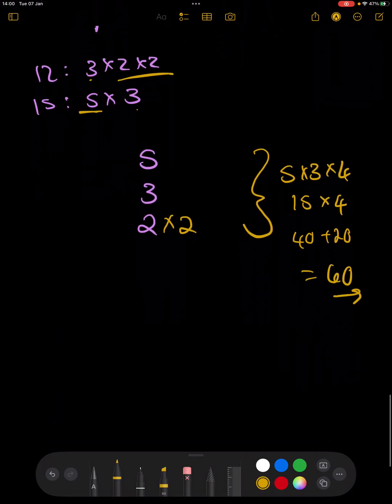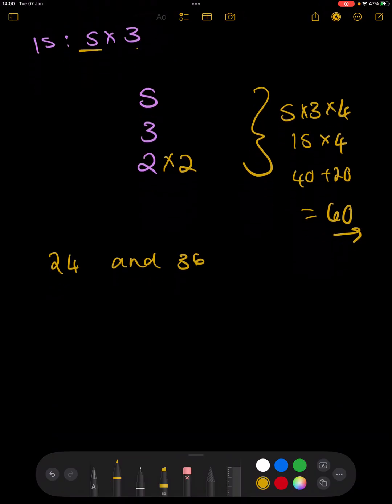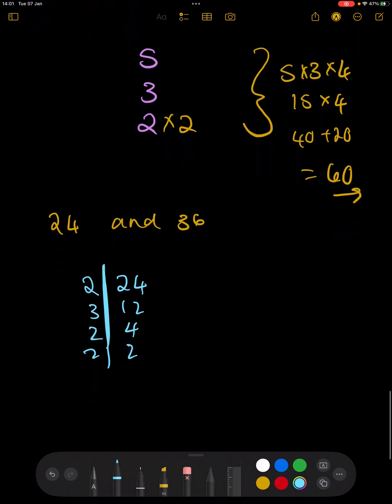Now let's try it with numbers that are a little bit larger. Let's take 24 and 36. Right, so remember, the first step was to go and write it as products of prime factors. So 24 and then 36.